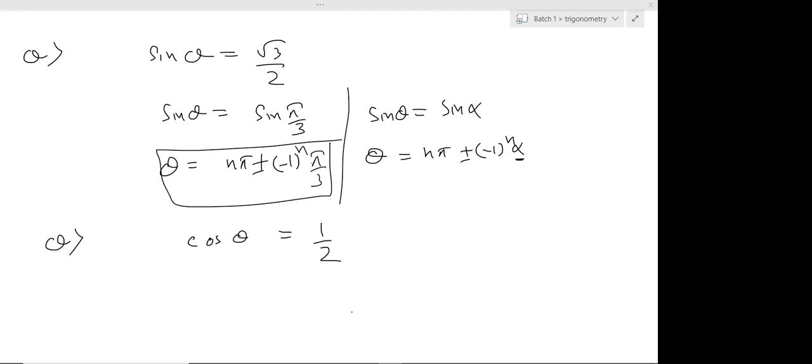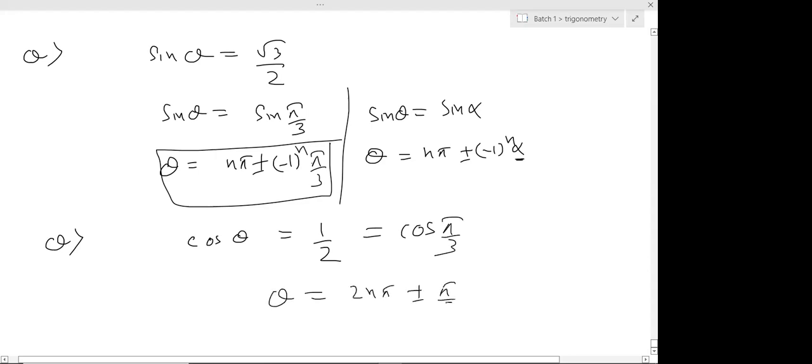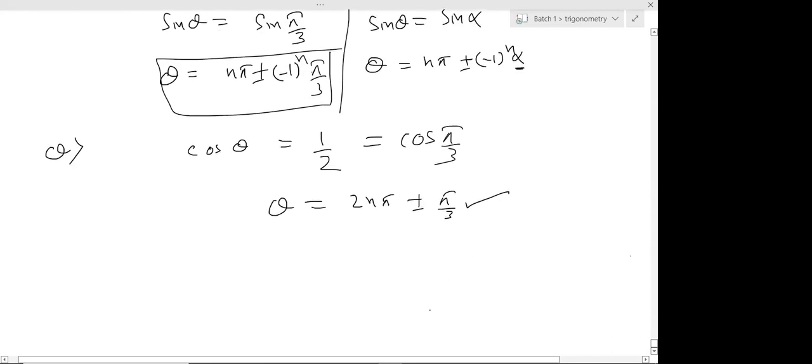So we can write this as cos of pi by 3. So theta will be equal to 2n pi plus minus pi by 3. Absolutely right, Shafia. Arsalan, Abdul, clear?